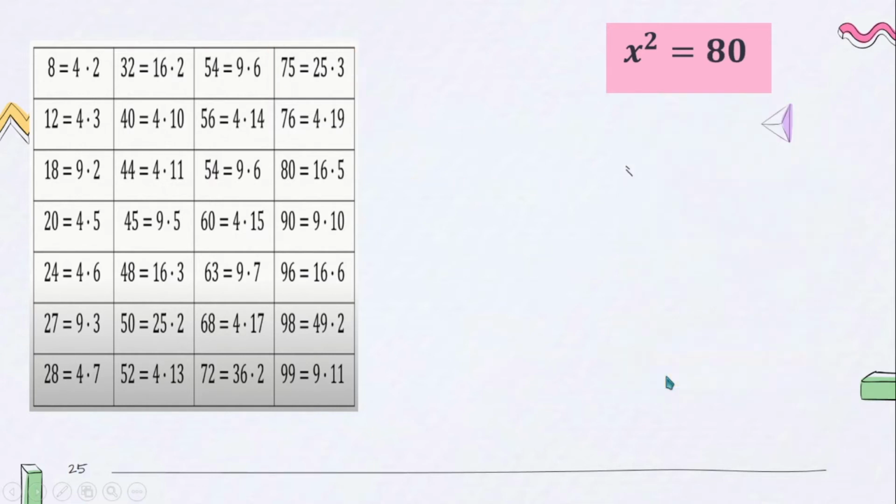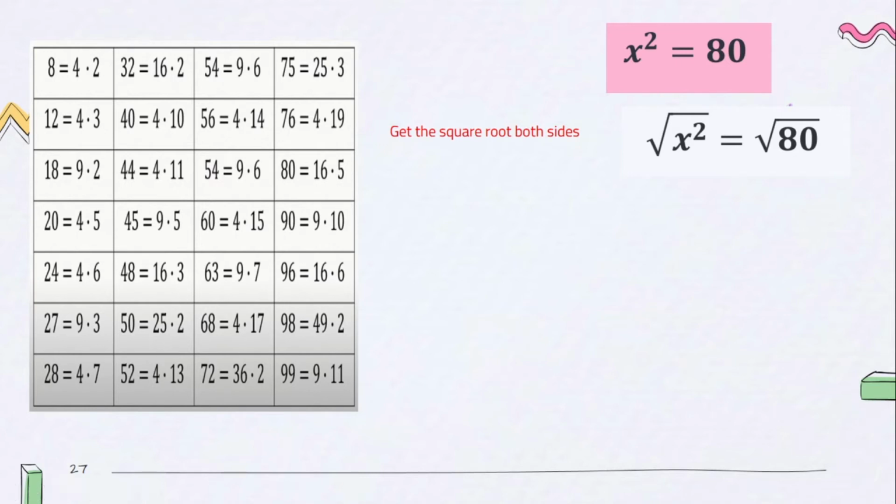Next example. x squared is equal to 80. The 80 is not a perfect square. We will now get the square root of both sides. We have now the square root of x squared is equal to the square root of 80. So let us now find the factors of 80 that have a perfect square. So we have 16 times 5.